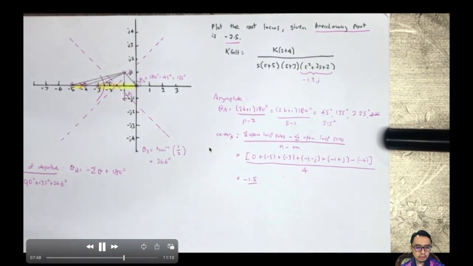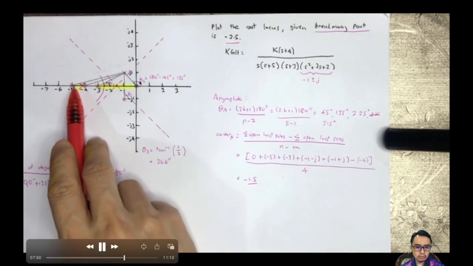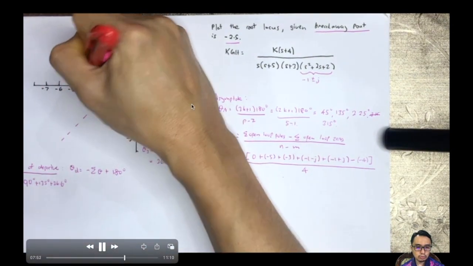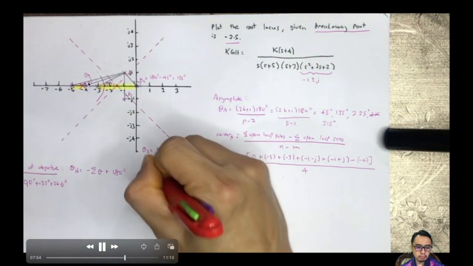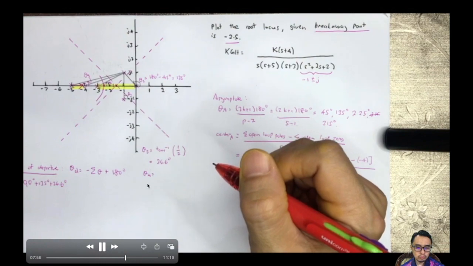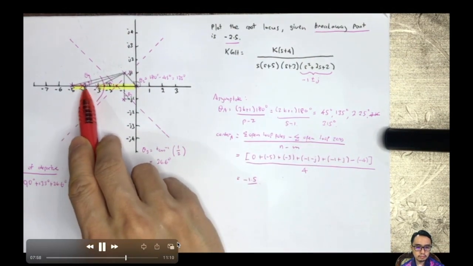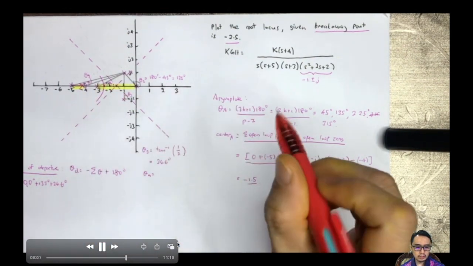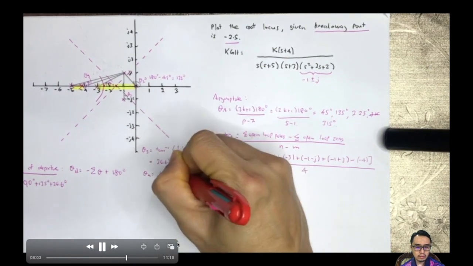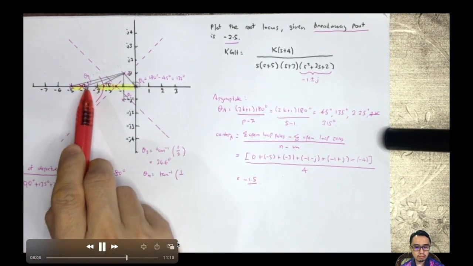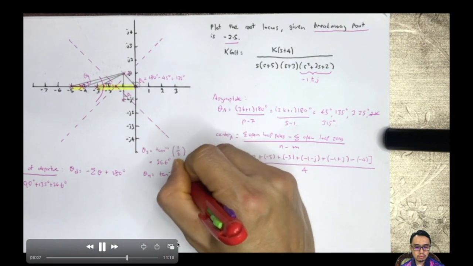Right, so we got 3 angles already: 1, 2, 3. So another one. This is the final pole, the angle made by the pole, theta 4. So that's 4 and 1, so it should be inverse tangent of 1 over 4.